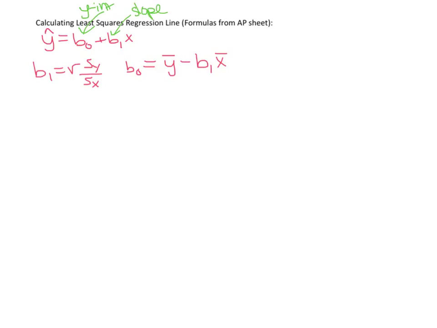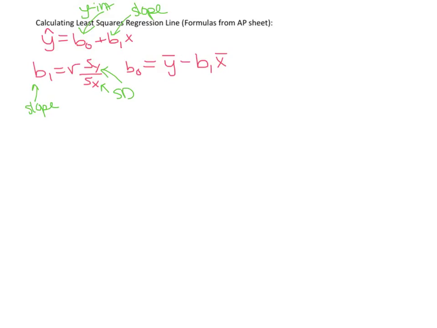And we actually have two formulas that we can use to figure this out. So to figure out our b1, which is our slope, you're going to use your correlation, your r, times the standard deviation of your y values over the standard deviation of your x values.